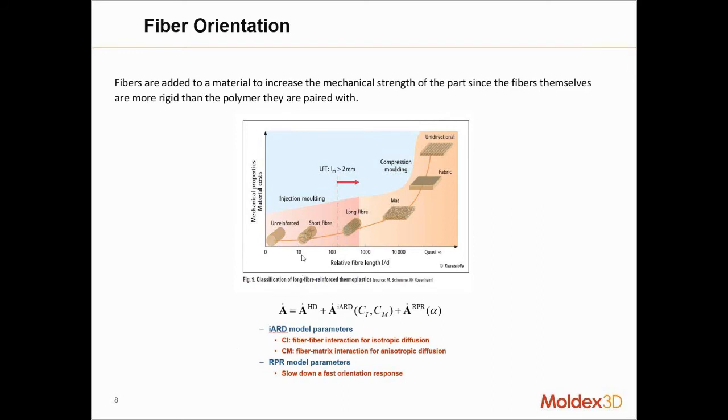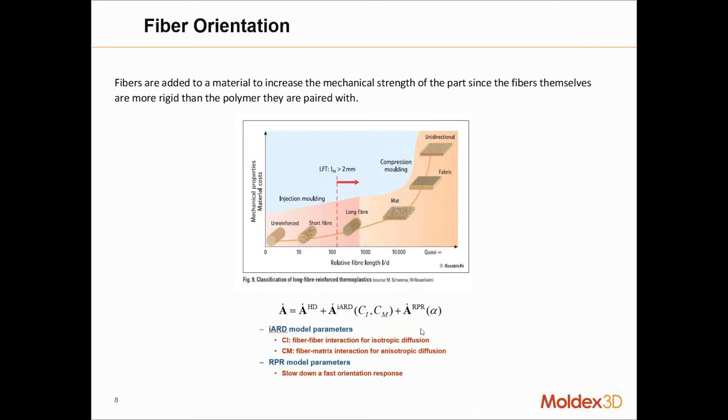Now, for fiber orientation, Moldex3D has developed their own patented anisotropic rotary diffusion model. We call it the IARD, with the I standing for improved anisotropic rotary diffusion model. So the IARD formula allows us to describe how the fibers are being impacted by the flow.